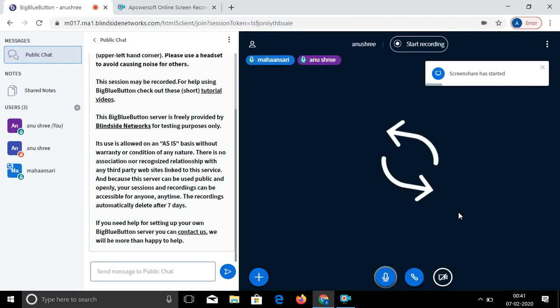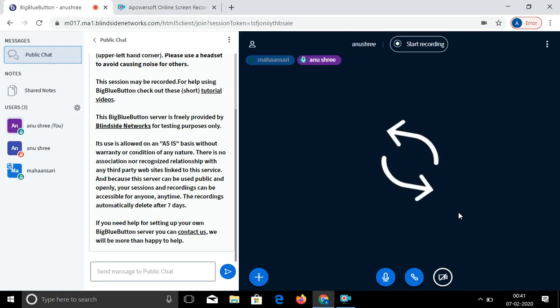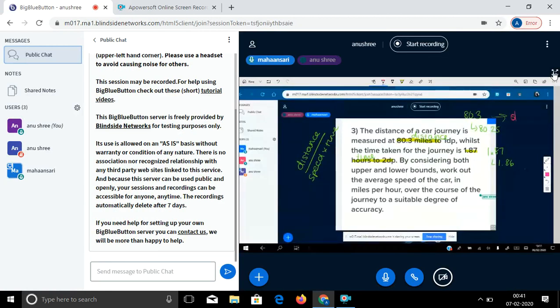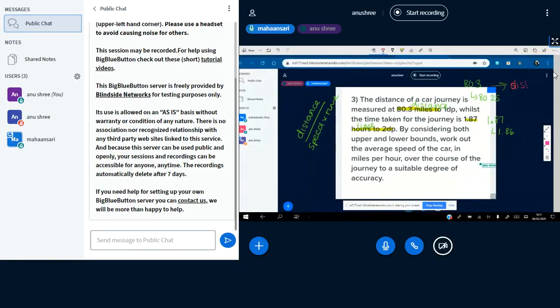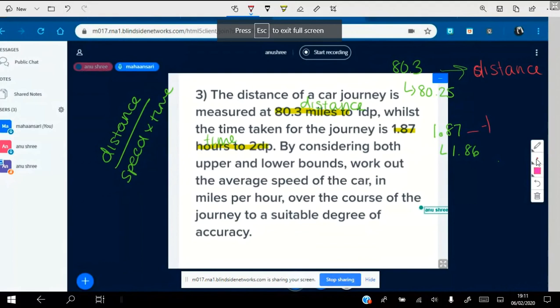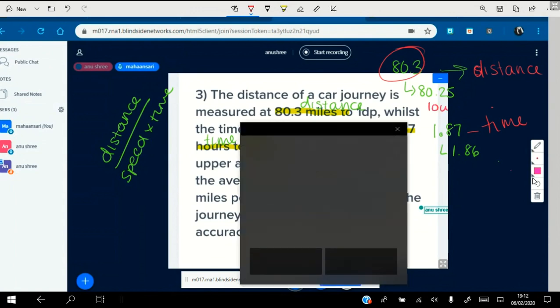So this one, let me change the color. This is for distance. It's 80.35. Yes, distance is 80.3, and then I rounded it down to its lower bound. So this is the lower bound.